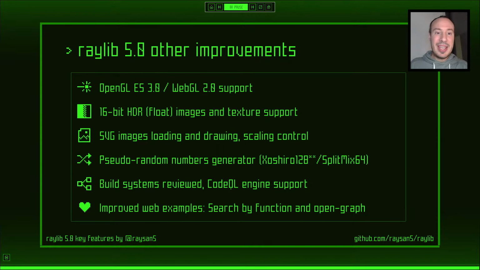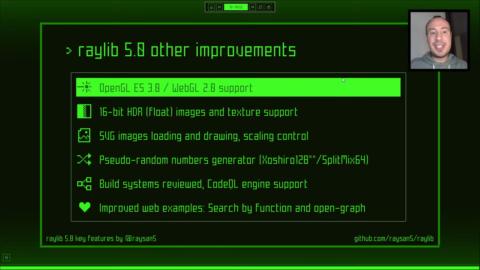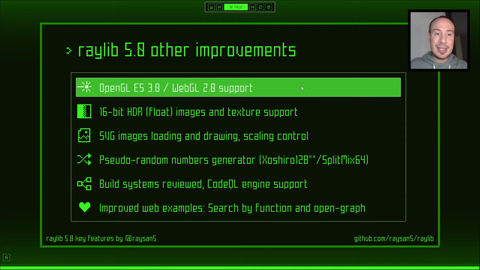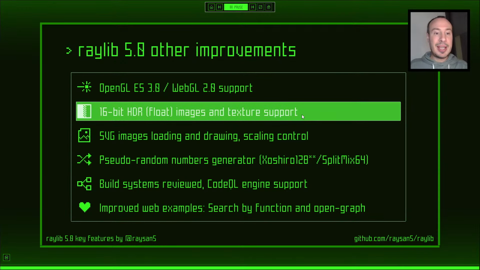And finally, here is a list of some other additional improvements of Raylib 5.0. There are a lot of them, but some that I think are interesting to mention are OpenGL ES 3.0 support or OpenGL 2.0, the support for 16-bit HDR images and textures, with the conversion and loading in GPU and everything.